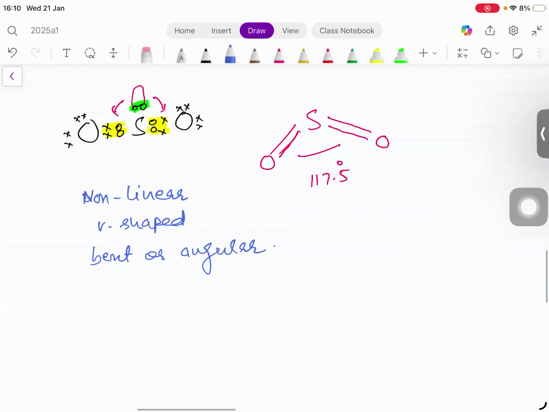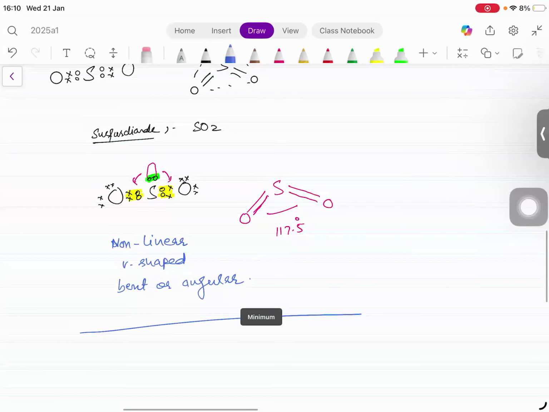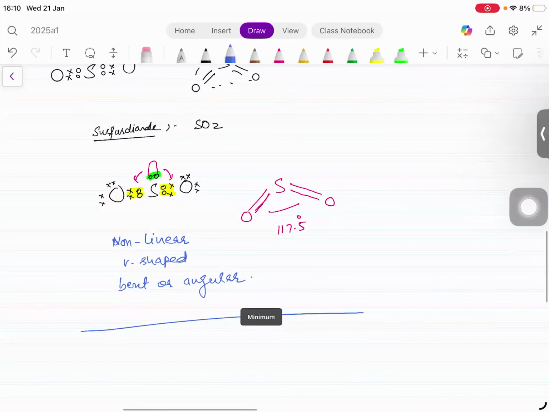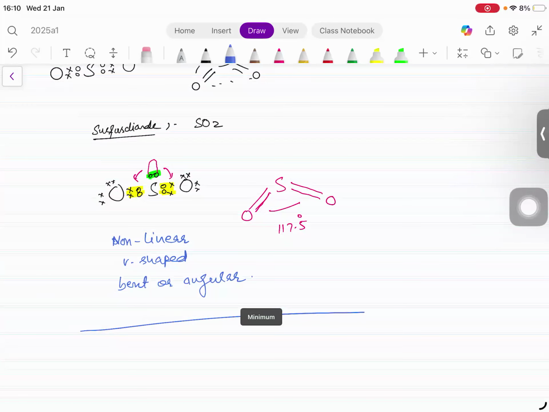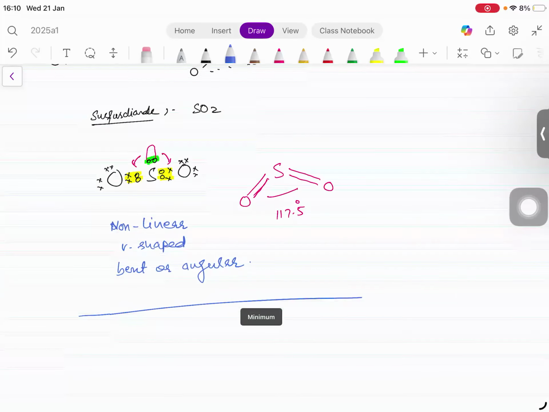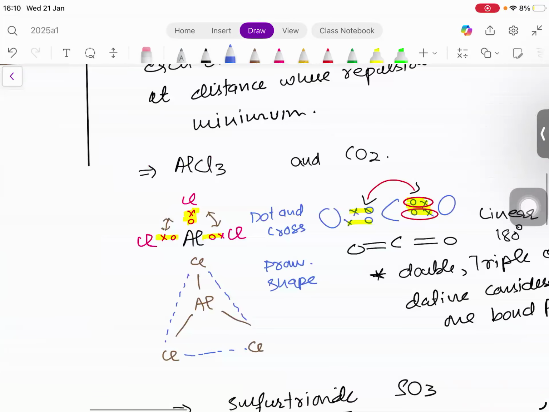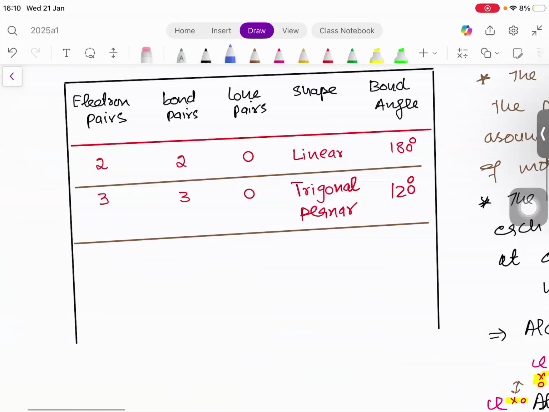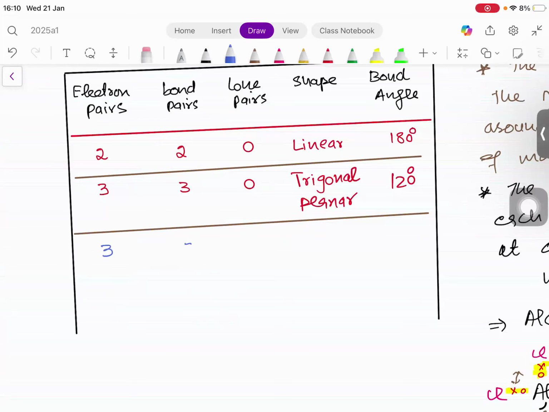Next, now let me put it in the table. Go back to the table. Whenever there are three electron pairs, two bond pairs and one lone pair, the shape will be what? Non-linear. And the angle will be 117.5.